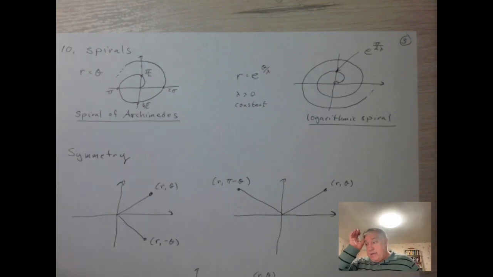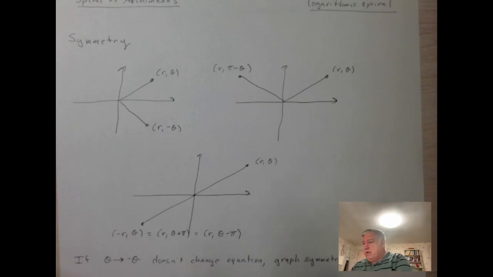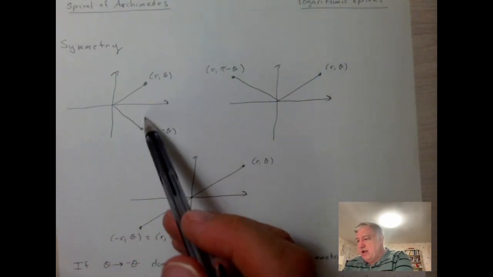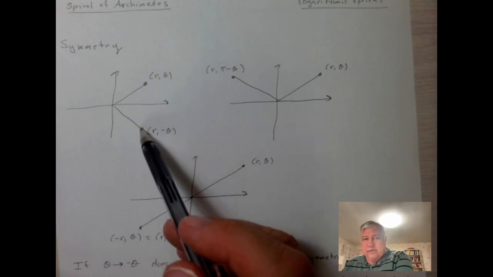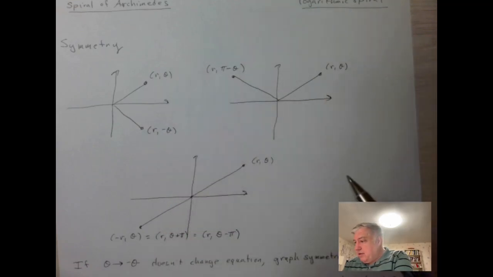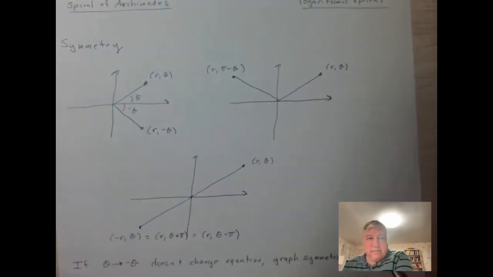So keep in mind how symmetry works with polar coordinates. A reflection through the x-axis corresponds to just changing the sign of theta, because if this is theta, then this would be minus theta.